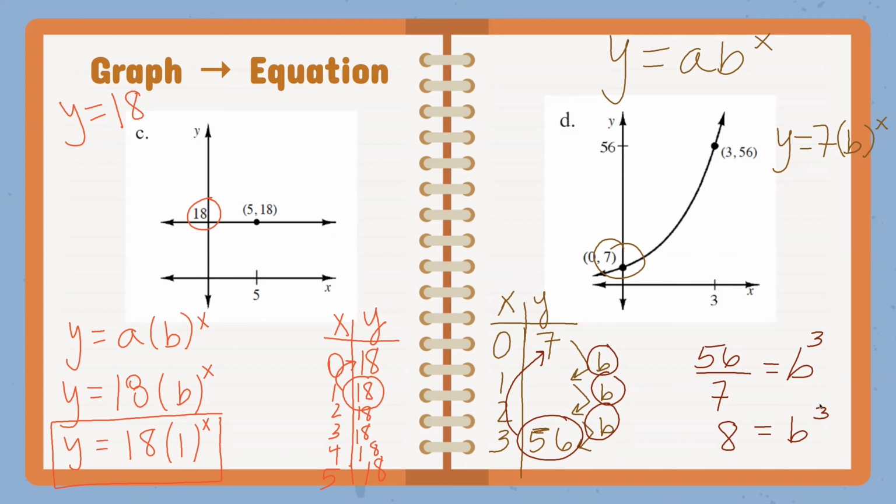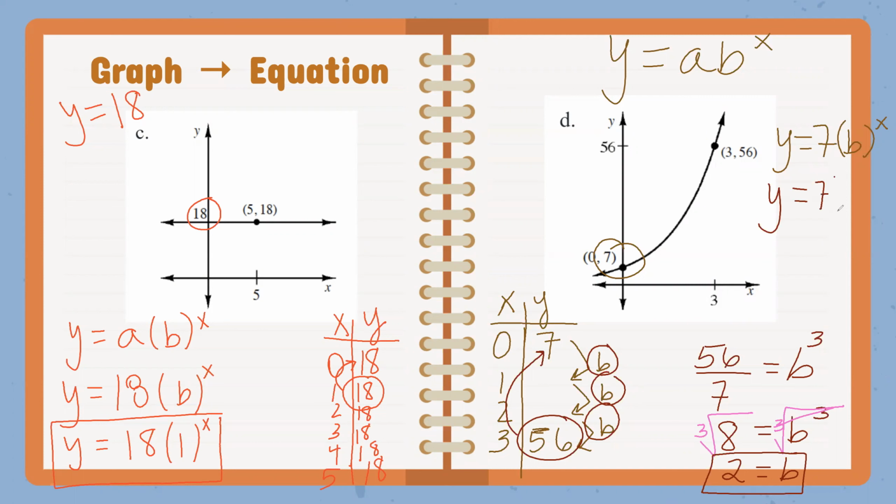Okay, so to undo a root, you need to root both sides, cube root both sides. Rooting gets rid of the exponent, so I'm just left with b. And the cube root of 8, you can throw in your calculator if you need, is 2. That's how I get that my b is 2.